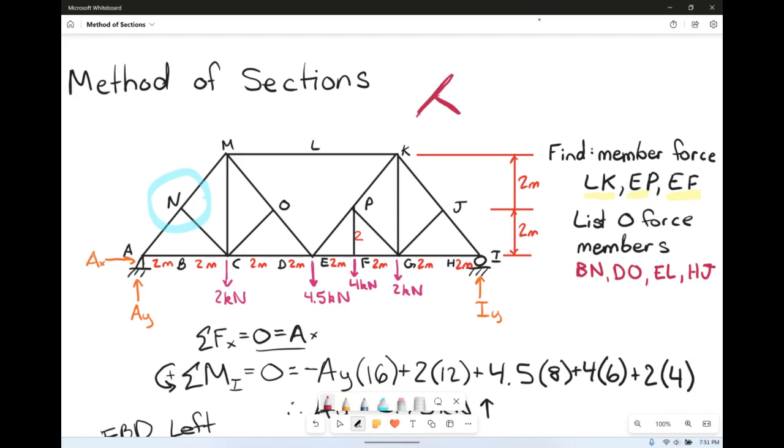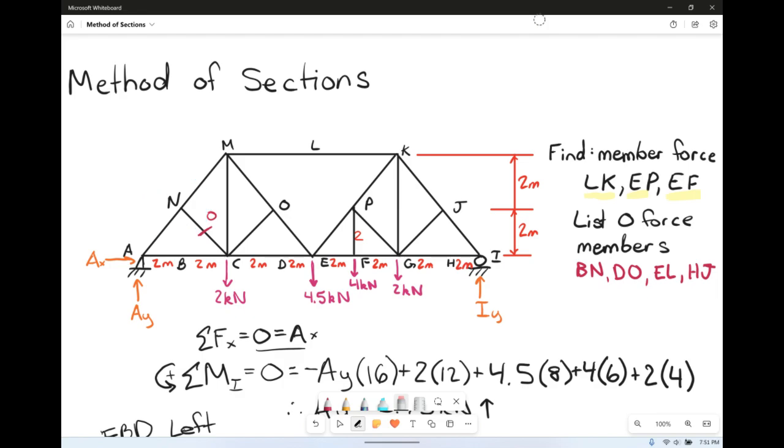But since these are collinear, these two at the angle there going from A to M, since those are collinear, if you were to rotate this and have a new, call that maybe the x prime and this the y prime direction, if you were to rotate that, well, now if you sum the forces in the y prime direction, now you don't have anything other than that one member. So he is going to be a 0 force as well.